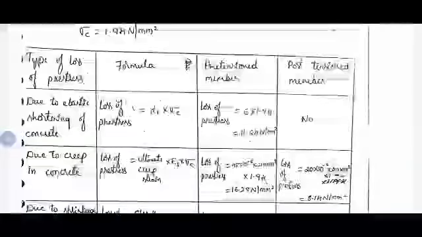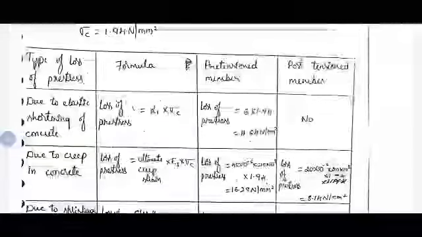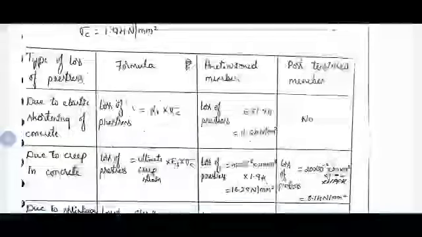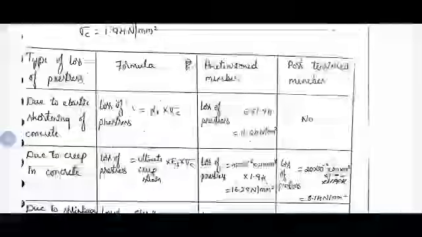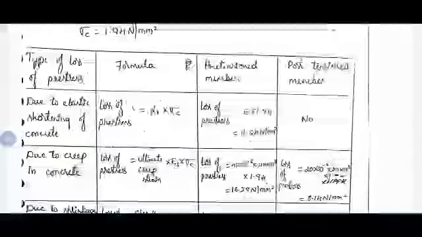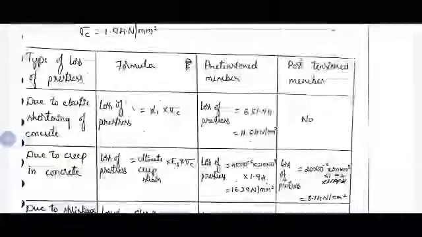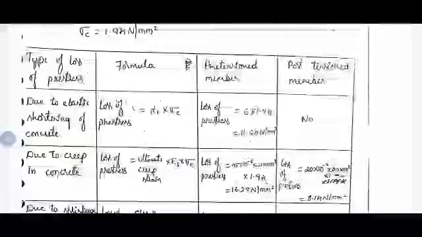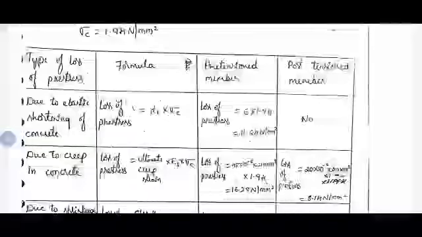But in case of post-tension members, if you see the question, there is only one tendon with same eccentricity, whatever may be the eccentricity. As per the code, there will be no loss due to elastic shortening of concrete.